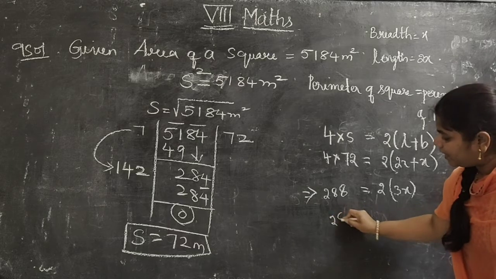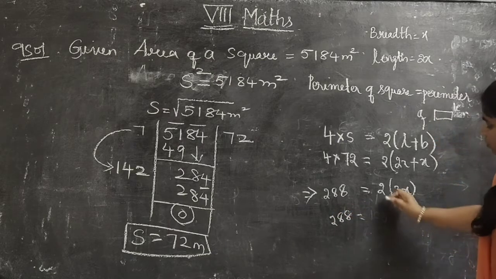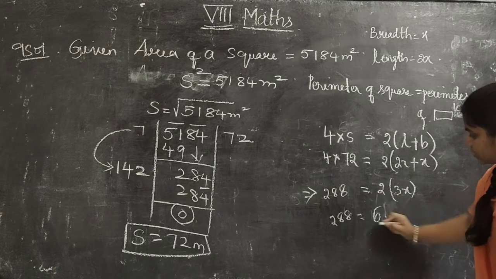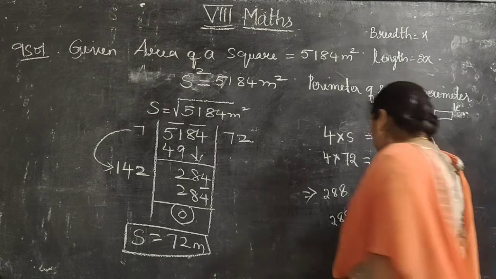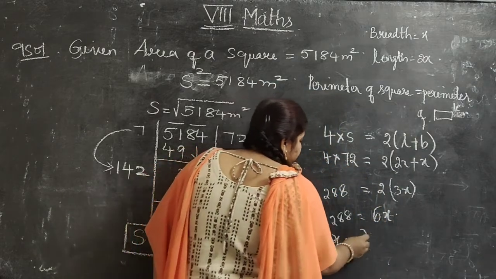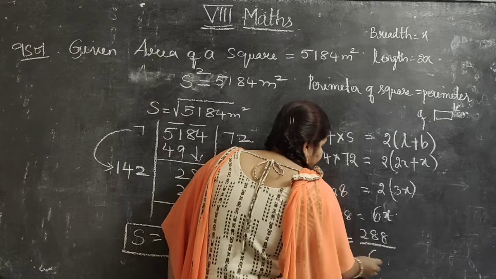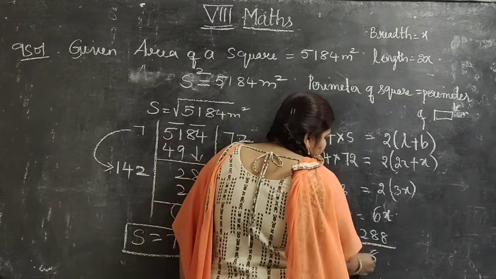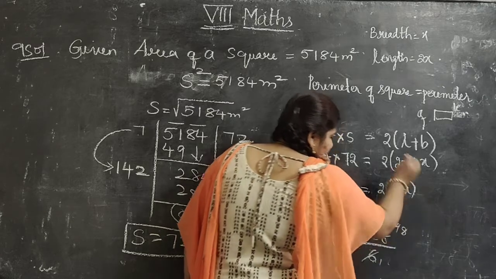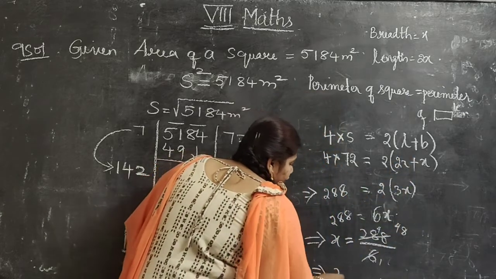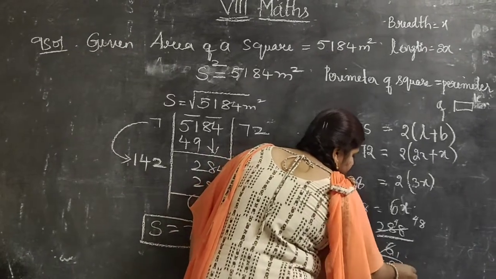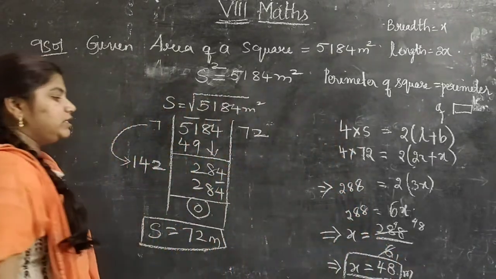Now 288 is equal to 2 threes are 6x. Now transpose this 6 to the other side. What will you get? x is equal to 288 by 6. We can cancel here. 6 ones are 6, 6 fours are 24, 6 eights are 48. So the x value you got is 48 meters.